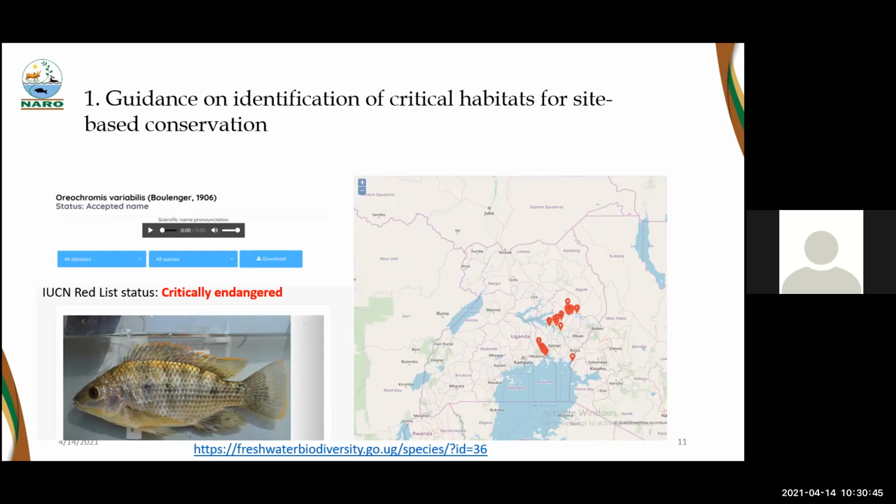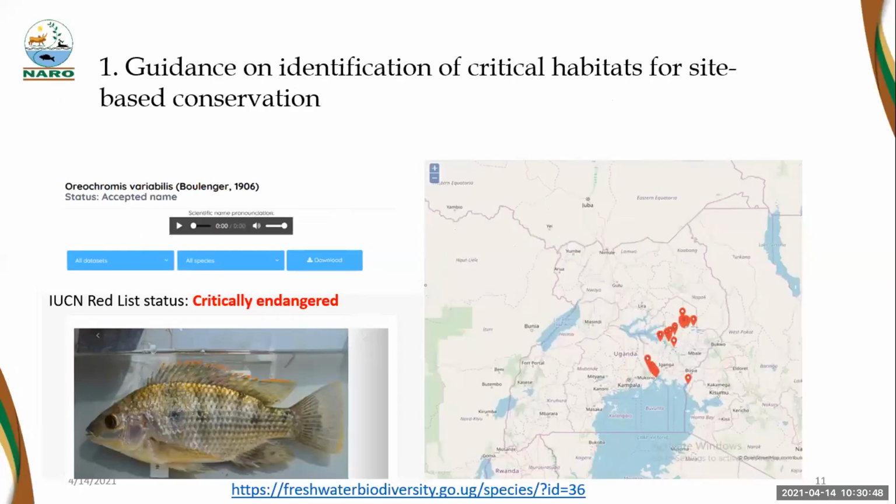And I'm also happy to say that from this data that we have put in the portal, we have been able to develop a conservation priority index, which can rank water bodies in Uganda that need urgent intervention to restore biodiversity. Of course, previously such analysis was not possible.